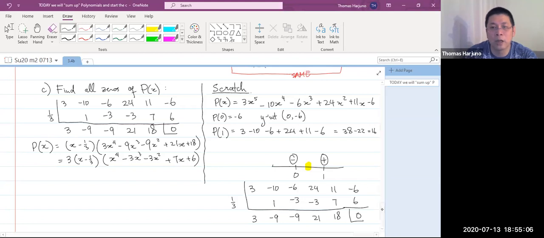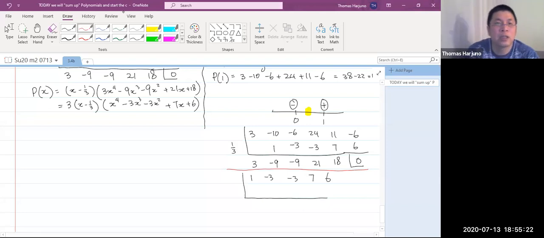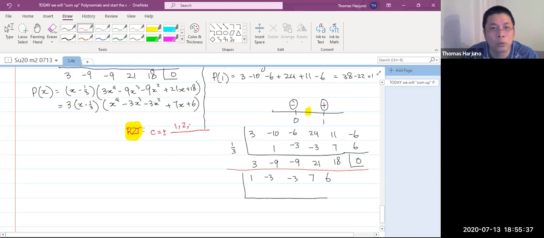Now we look at this. I now have 1, negative 3, negative 3, 7, 6. If I apply the rational zero theorem here, the candidates for rational zeros will be 1, 2, 3, 6 over only 1.